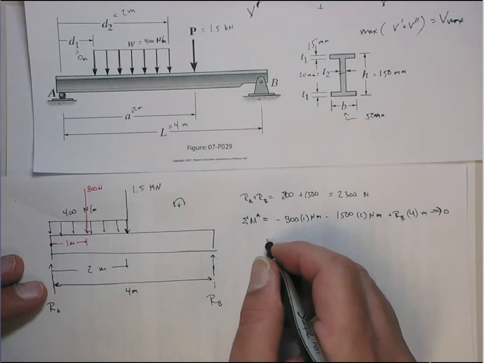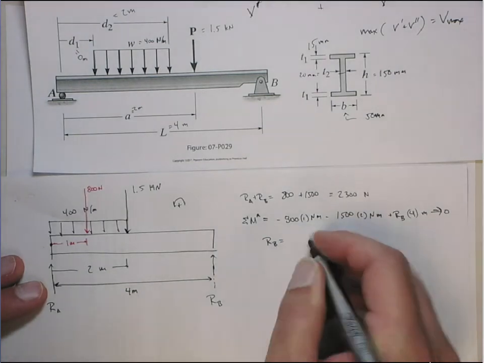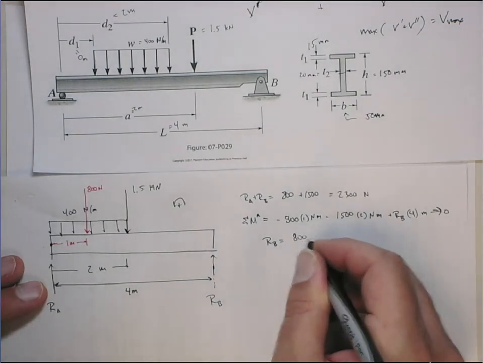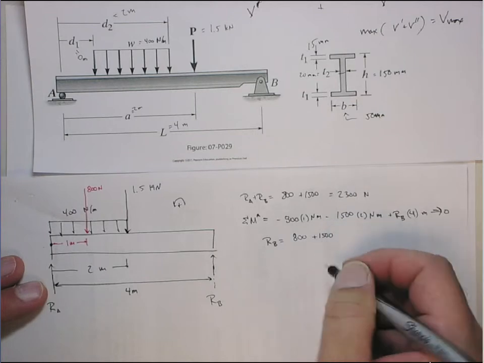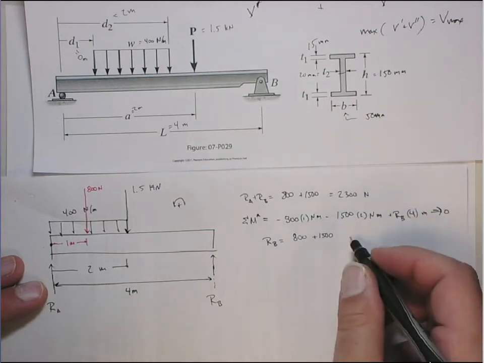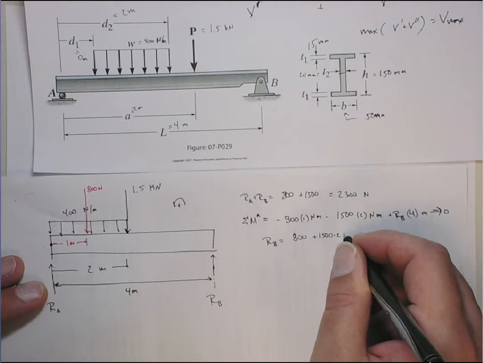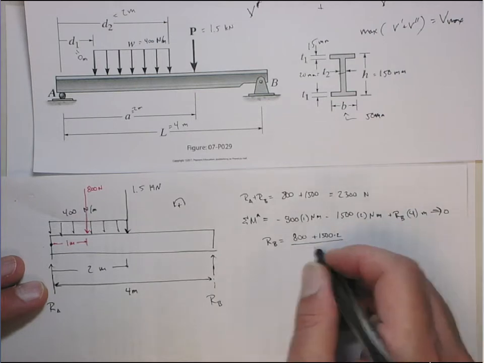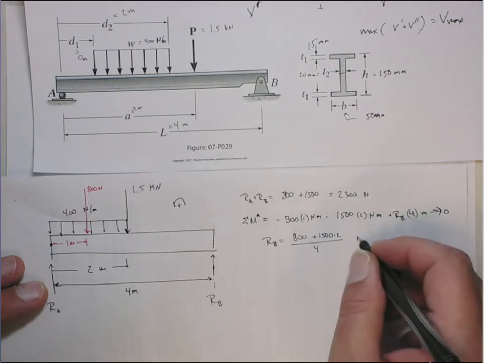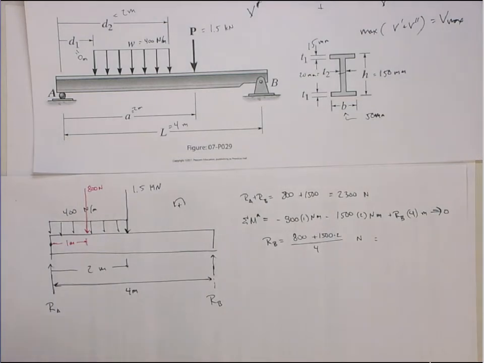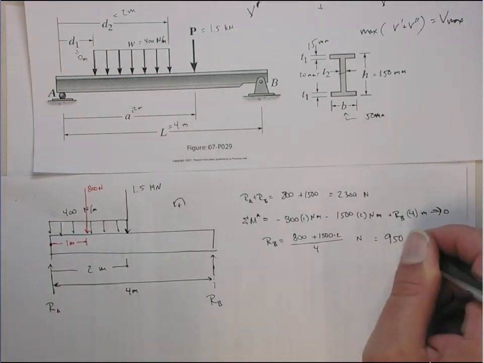So from that we can get RB equal to 1500 times 2 divided by 4. Oops, I'm sorry, not the 2300 you already know. That gives me a result in newtons: 3,000 divided by 4 gives me 950 newtons.